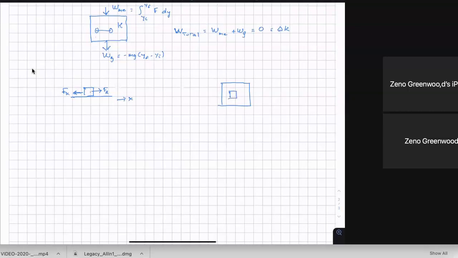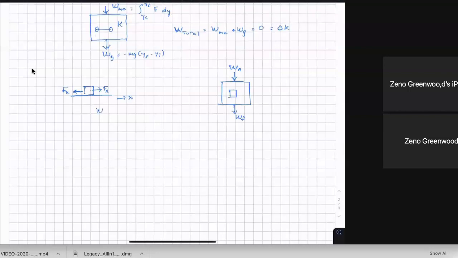Together, I'm doing work tending to increase the kinetic energy, so the work done by the applied force is increasing the kinetic energy, whereas the work done by the friction tends to decrease the kinetic energy, so that we can calculate the work.